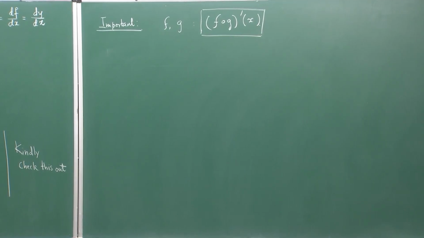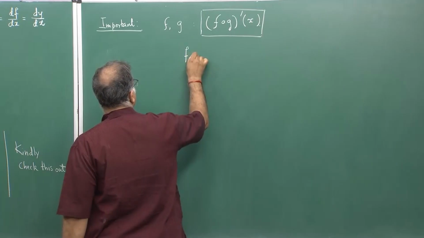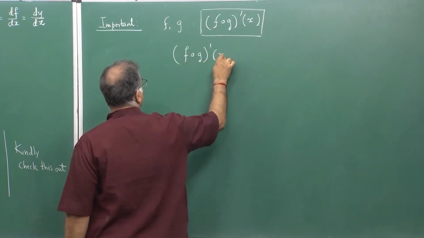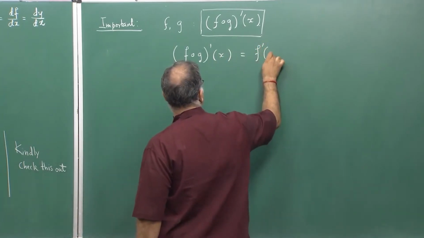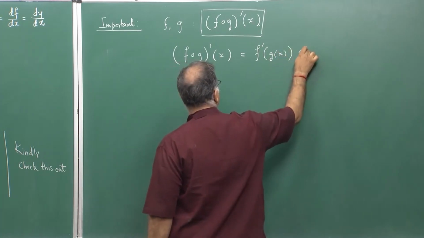So, if you want to compute, say, the derivative at x, or say at a point a, then what you do is you compute the derivative of f dash at g x, and then you compute g dash x.